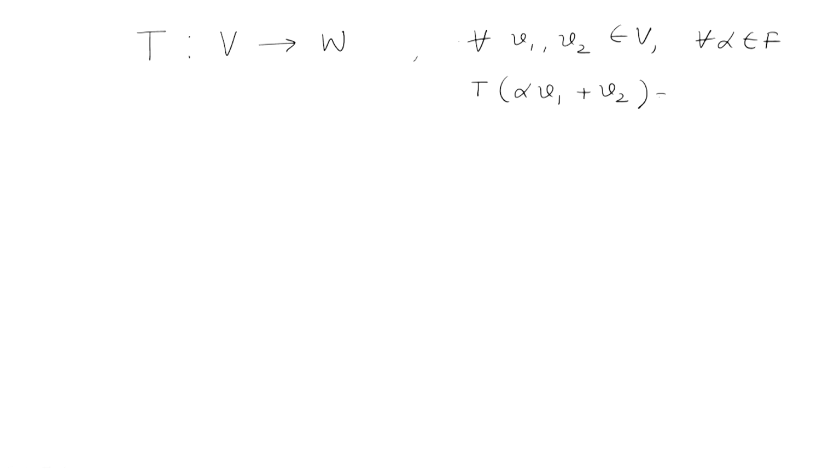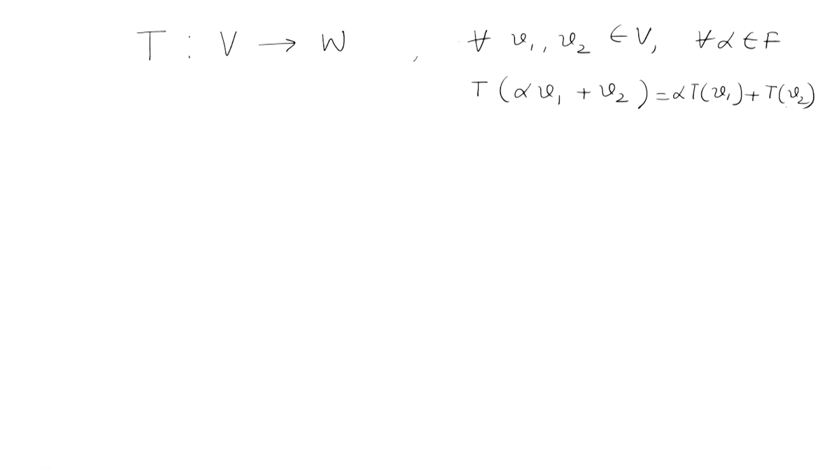So basically, T is a linear transformation from a vector space V to a vector space W over the field F if for every V1, V2 in V and for every alpha in the field, T of alpha V1 plus V2 is equal to alpha times T of V1 plus T of V2.